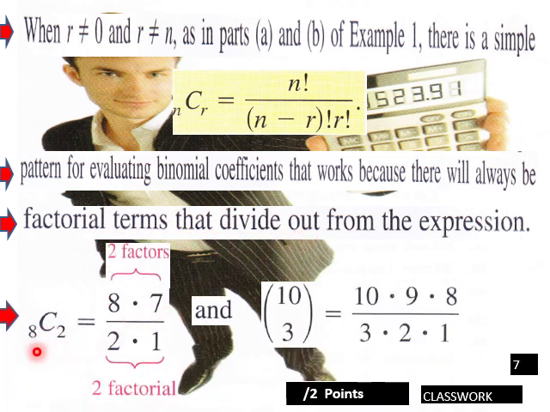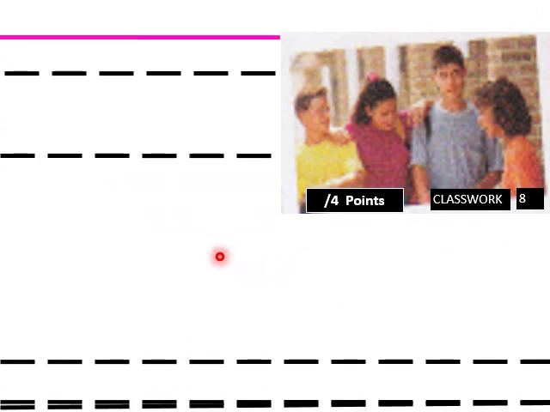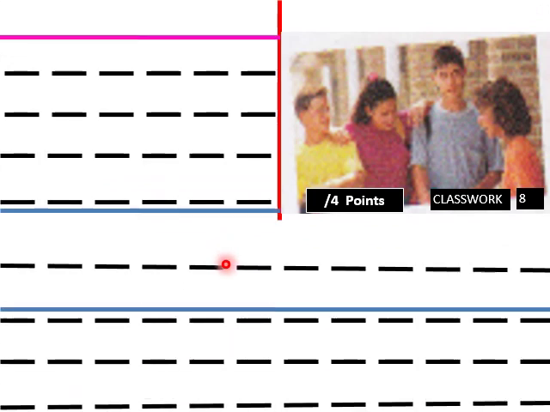For example, 8 choose 2 will equal 8 times 7 over 2 times 1, two factors here, and then 10 choose 3 will be 10, 9, 8 over 3, 2, 1, three factors here, and then 3 factorial down here. If you factor those back like that, that'll help you find your coefficient.